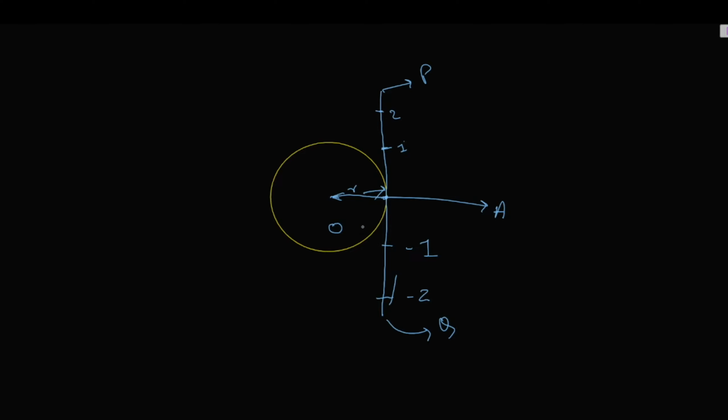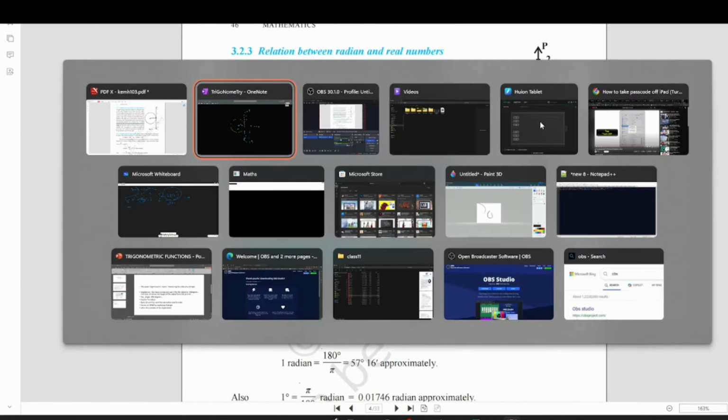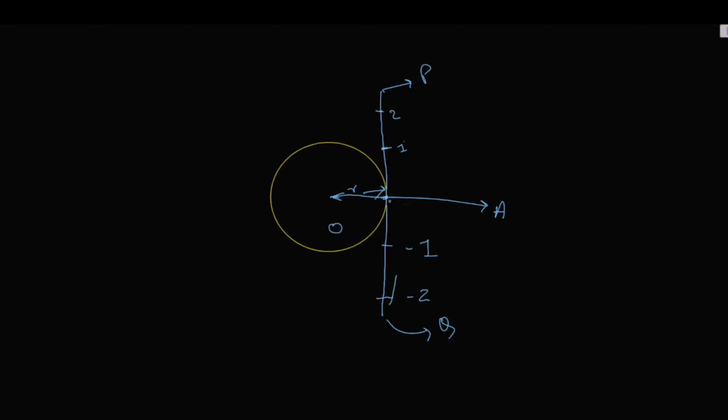Okay, so what they are trying to tell you here is, if we rotate the line AP in the anti-clockwise direction of the circle, so what is the line AP? AP is this line.